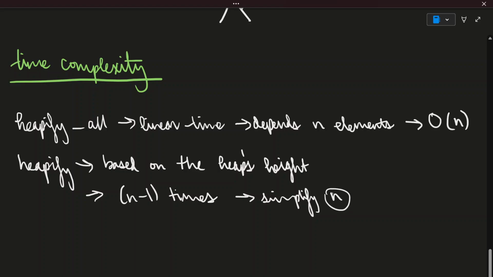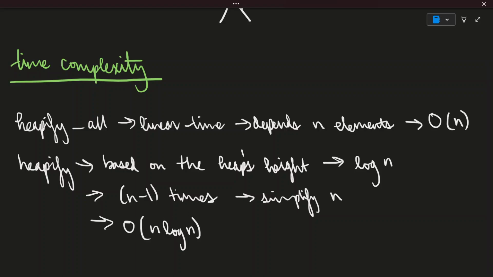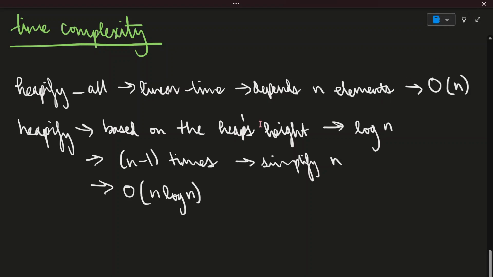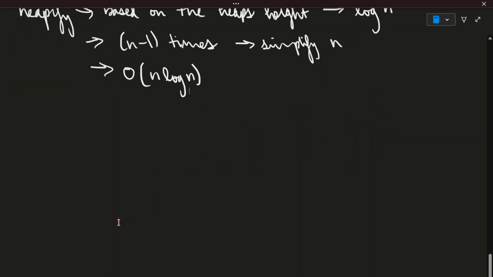So we have to multiply this n by the height of the heap, which is log n, and we will get the time complexity of O of n log n for heapify, because we multiply the number of times it's called by the height of it.